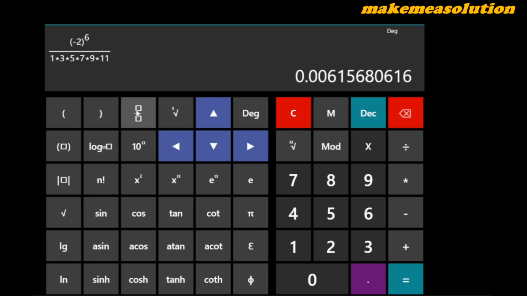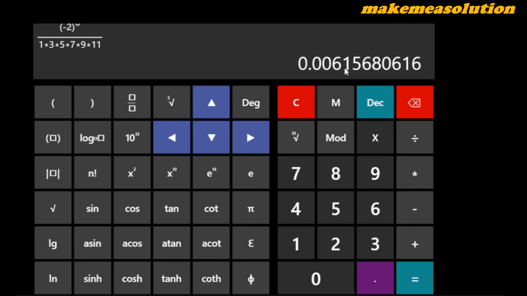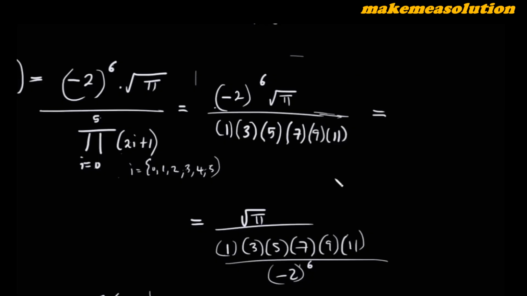So this gives me this answer, 0.006158. Okay, so you could actually leave it like this.